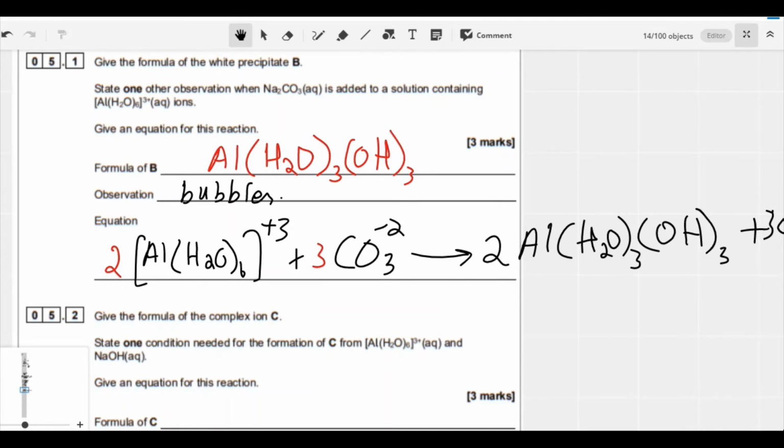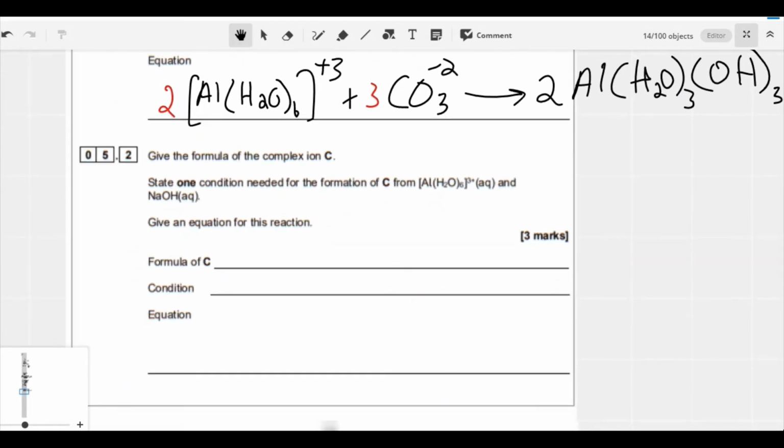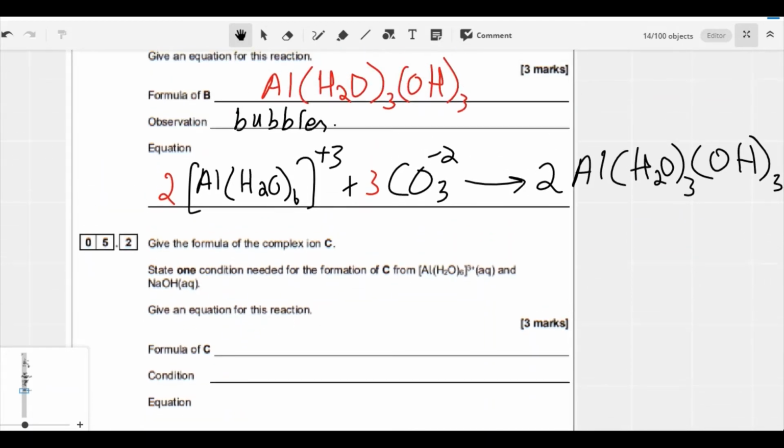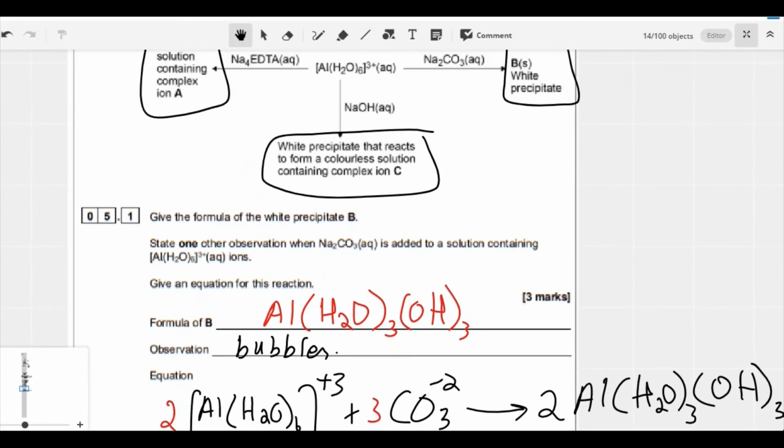Okay, now the next step. Calculate the formula of the complex ion C. State one condition needed for the formation of C from, again the same substance and sodium hydroxide. Give an equation for this reaction. Okay, you have to write the condition for that.